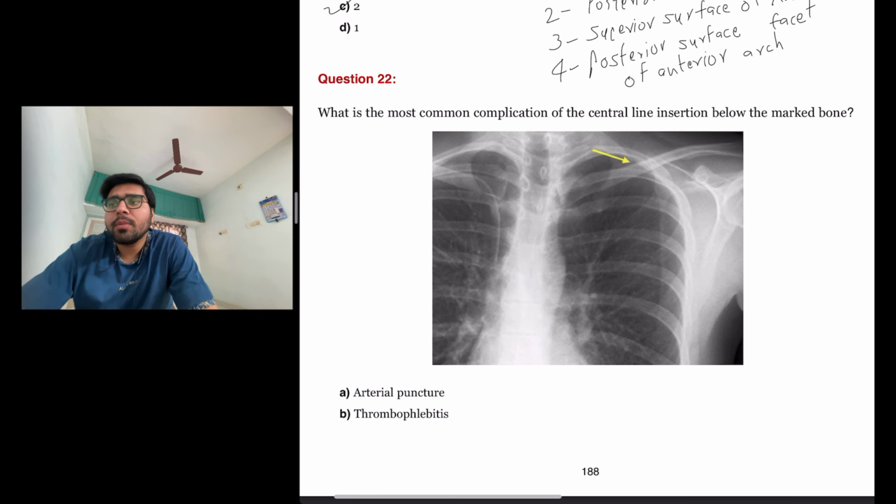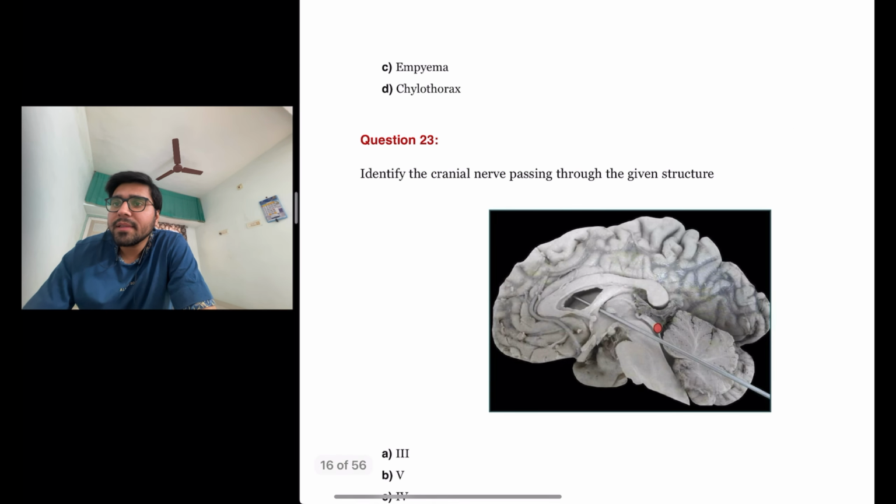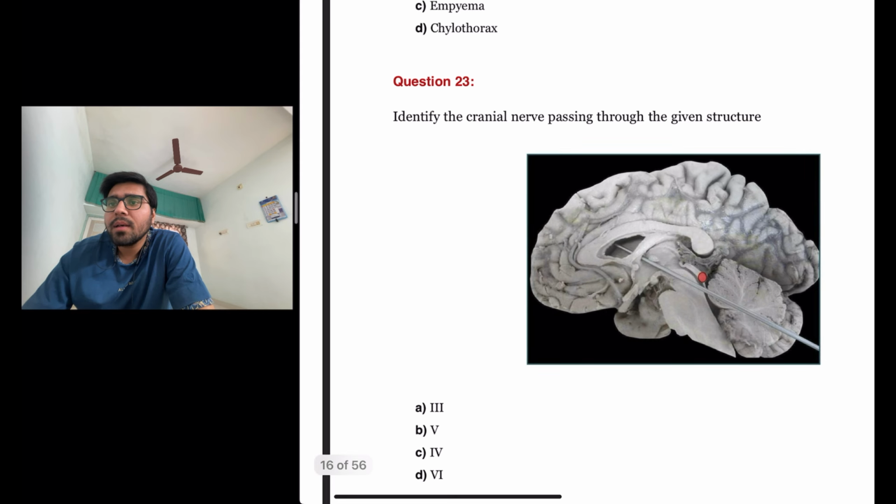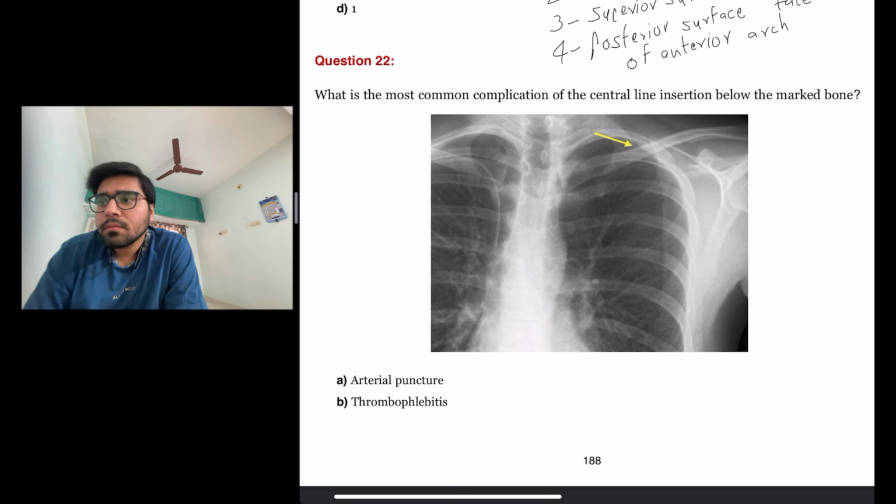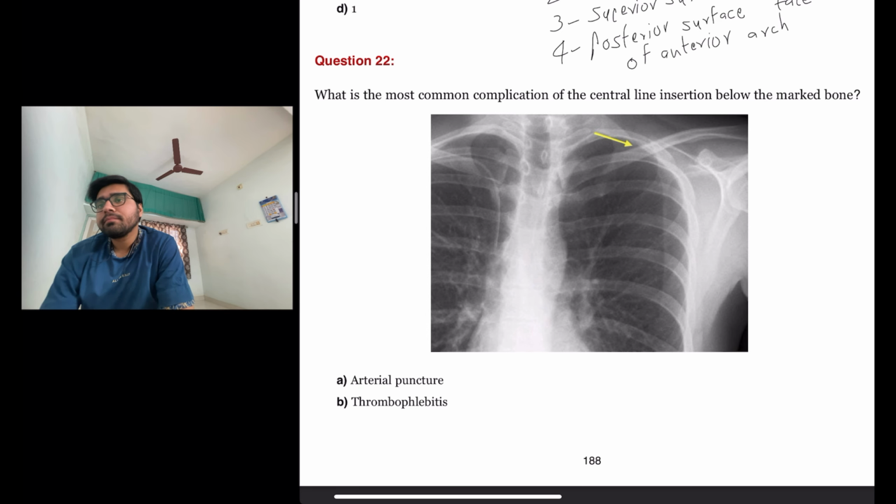What is the most common complication of the central line insertion below the marked bone? The options are arterial puncture, thrombophlebitis, empyema, and chylothorax. So this marked bone is clavicle, and below the inferior surface of clavicle you insert a central line.